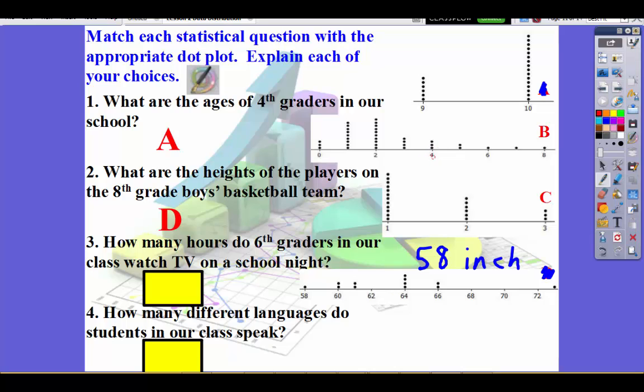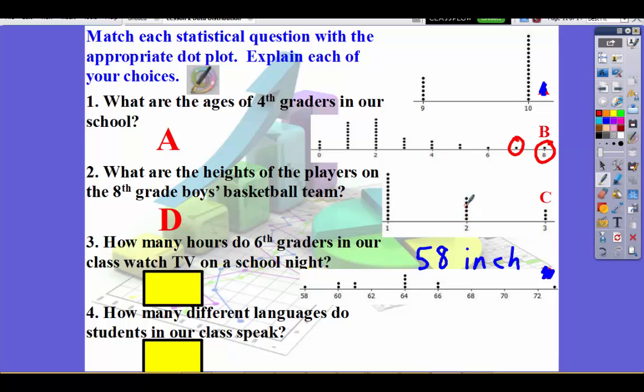I can see that. 5 hours? 6 hours? 7 hours? Or 8 hours? I really don't think anyone is watching 8 hours of TV, 7 hours of TV a night on a school night. Just because of sports, your reading log that you should be doing, and probably your parents just not letting you.